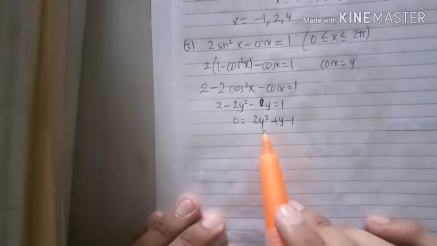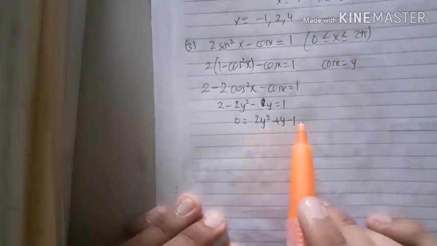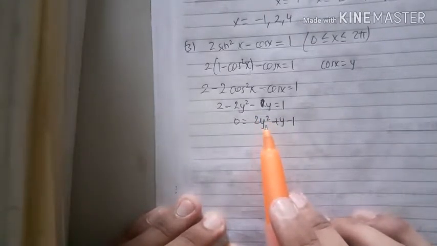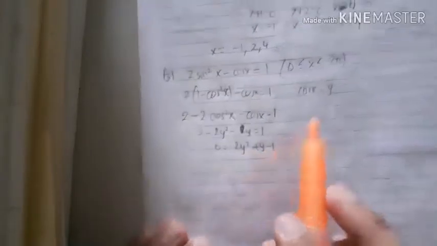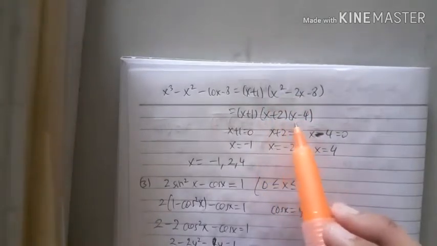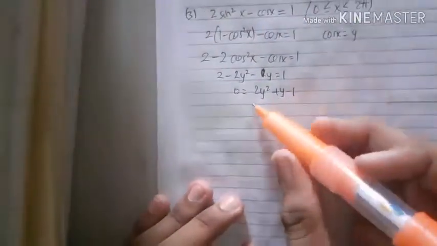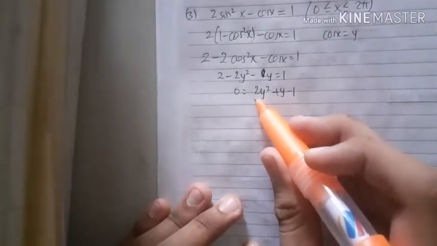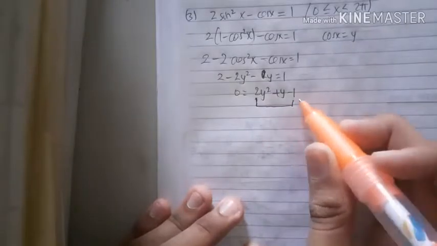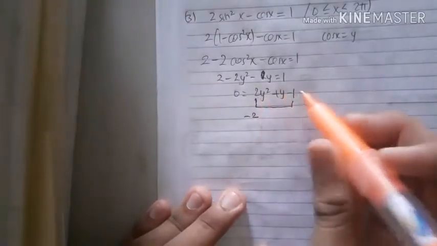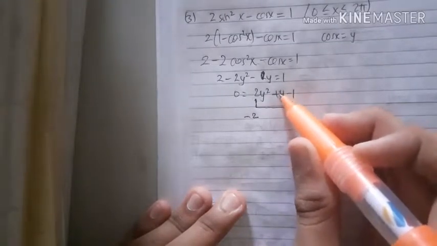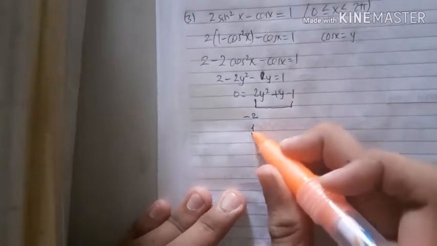Here's the way to factorize a quadratic equation where the coefficient of the squared variable is more than 1. If the quadratic equation has a coefficient of 1, it is easy, right? But what about this one? What you need to do is multiply the coefficient of the squared variable and the constant, that is 2 times minus 1, which is minus 2, and then you jot down the coefficient of the single variable, which is 1.